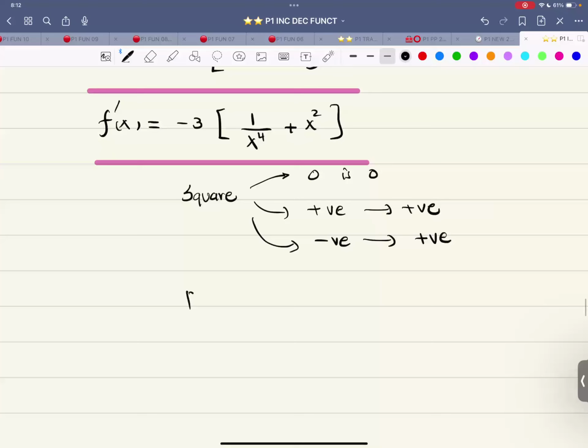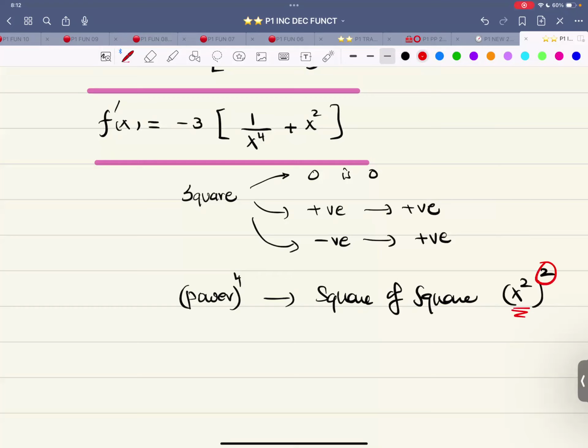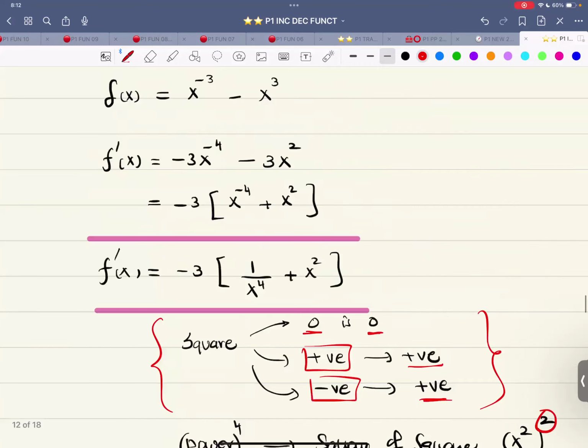And that also goes for power 4, because power 4 is square of square. Got the idea? That means x raised to power of 2 raised to power of 2, this is square of square. So the same knowledge applies over here. Positive will remain positive, negative will become positive, 0 will become 0.